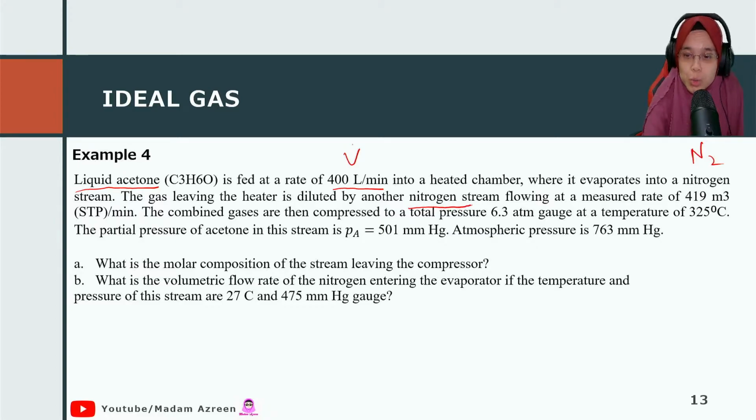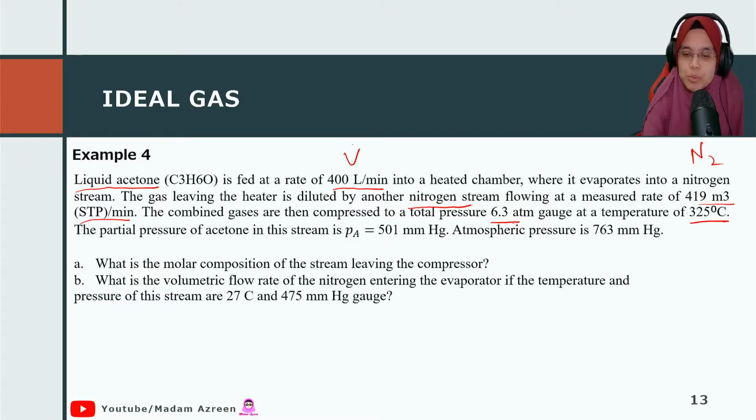There are two nitrogen streams at a rate of 419 meter cube per minute. The combined gas is then compressed to a total pressure of 6.3 atm and a temperature of 325 degrees C.